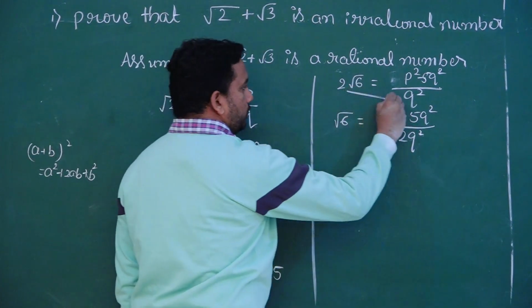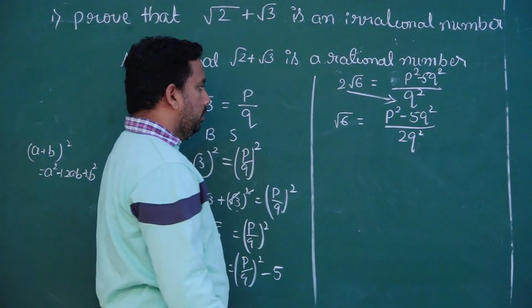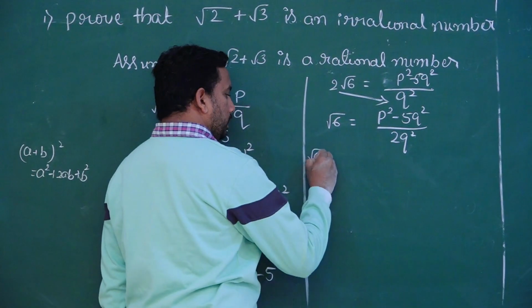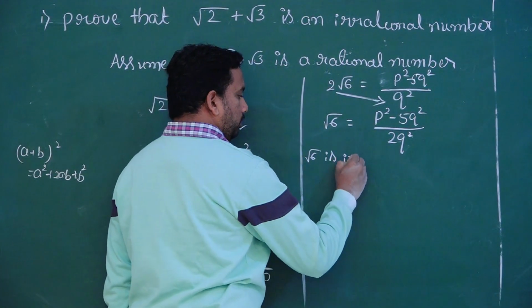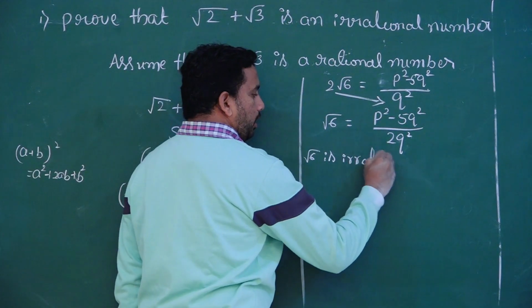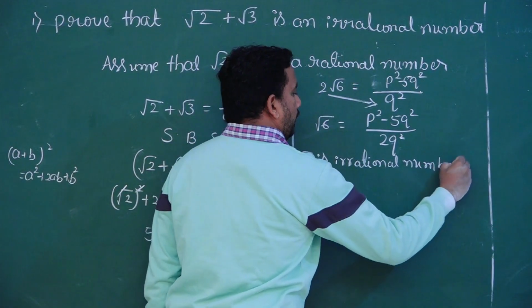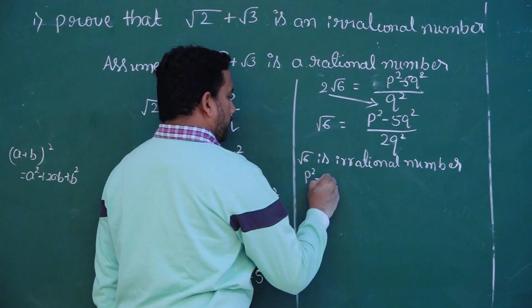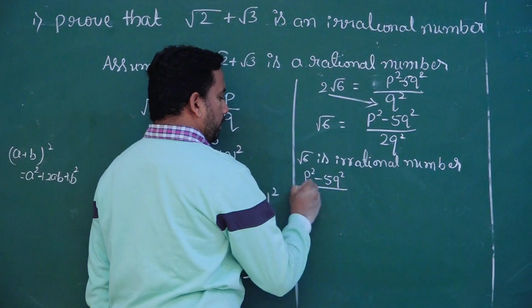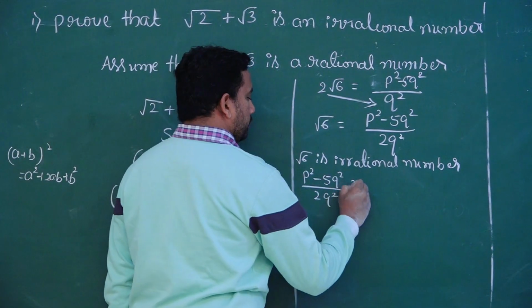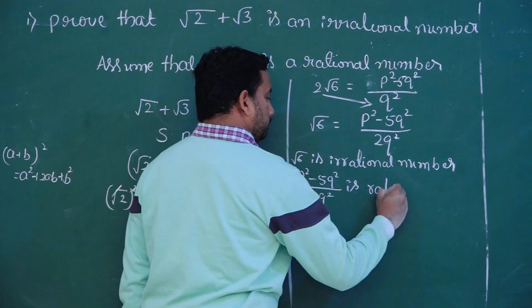Then we conclude that root 6 is an irrational number, and (p square minus 5q square) divided by 2q square is a rational number.